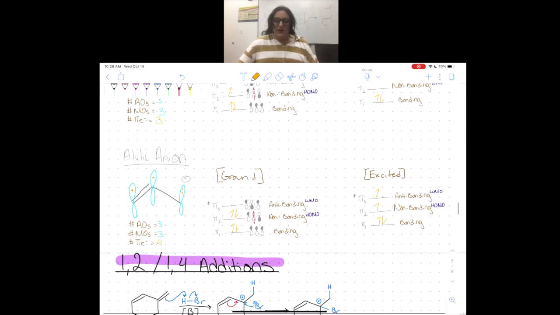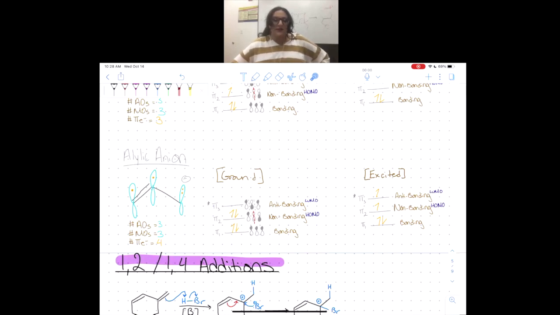For the allylic anion, you should know that you have 3 atomic orbitals, 3 molecular orbitals, and 4 pi electrons. You're going to have 1 bonding orbital, 1 non-bonding orbital, and 1 antibonding orbital for both the ground and excited states. The HOMO is pi 2, and the LUMO is pi 3 in both states.